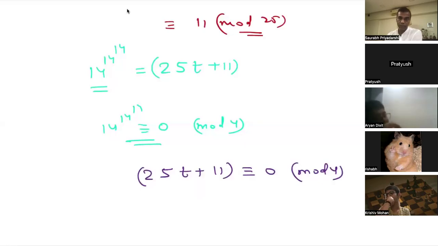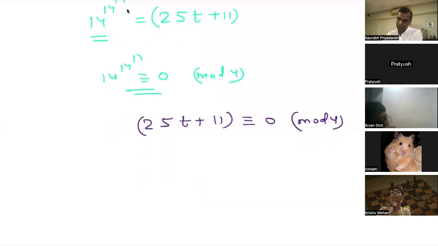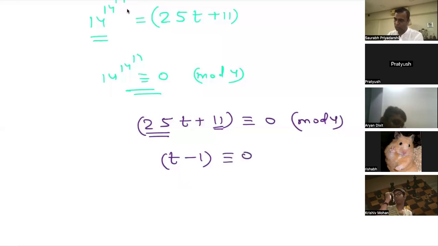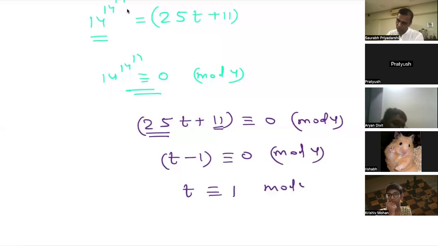Okay, everyone? Yes, sir. Means if I'm dividing this by 4, what am I getting? 25 divided by 4 leaves 1, 24 is divisible, so only t. And this 11 when I'm dividing by 4, I'm getting minus 1. So this one belongs to 0 mod 4, means t is congruent to 1 mod 4.